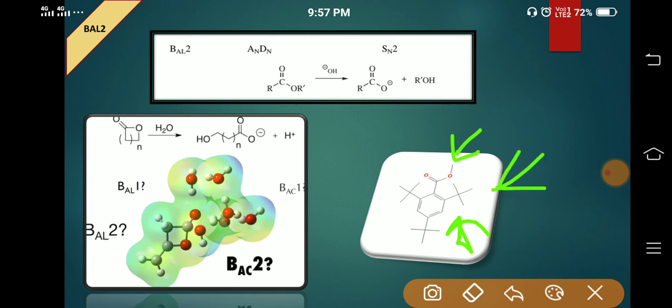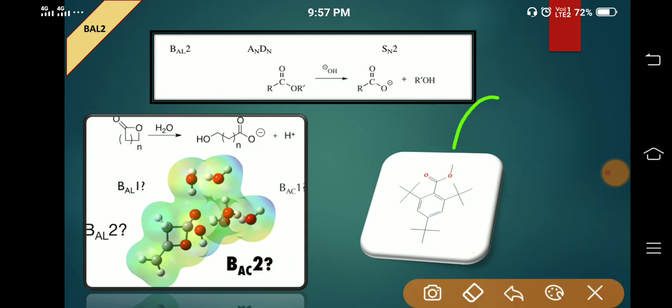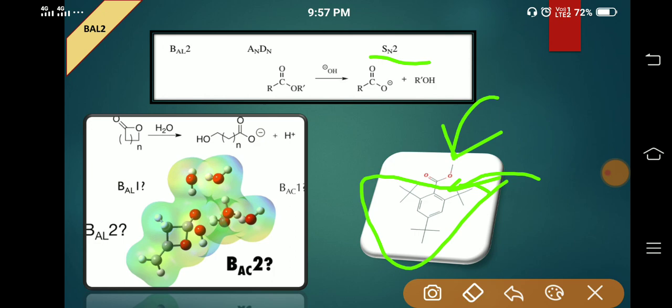So, as it is sterically hindered, hydroxide ion will attack mainly the alkyl carbon, not the 2,4,6 tri-tertiary butyl benzoate. Why? As it is an SN2 type of mechanism, there is a first association of nucleophile, the first nucleophilic attack will take place, but it is impossible at this moiety due to steric reasons.